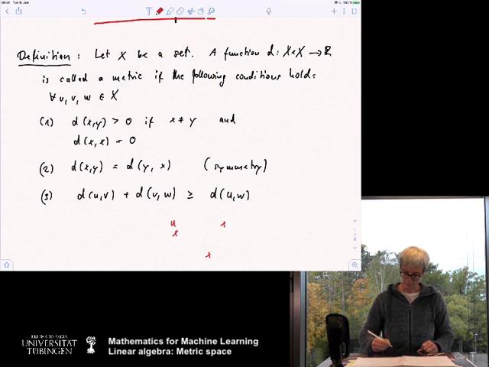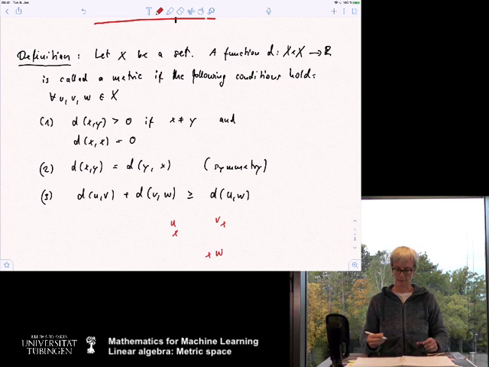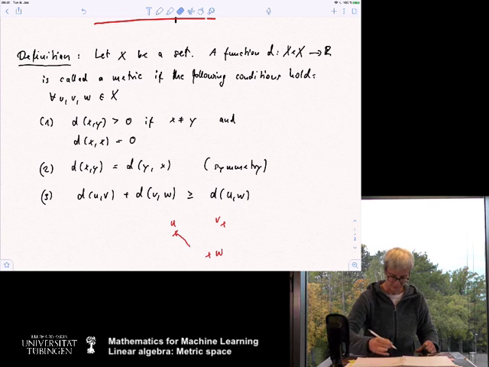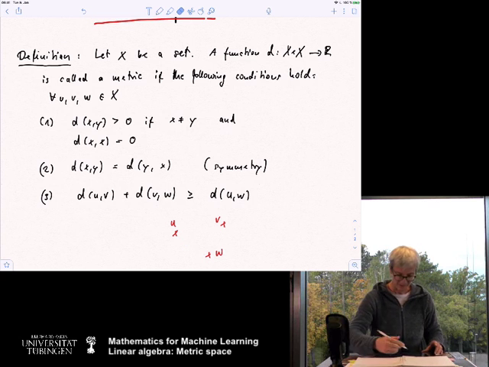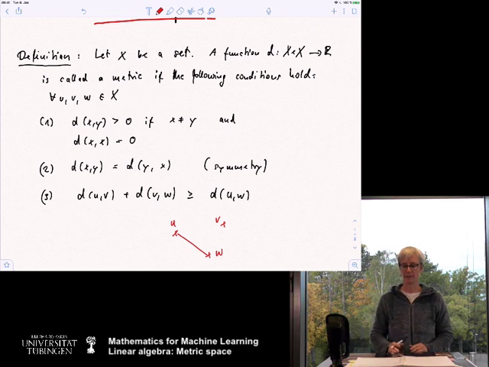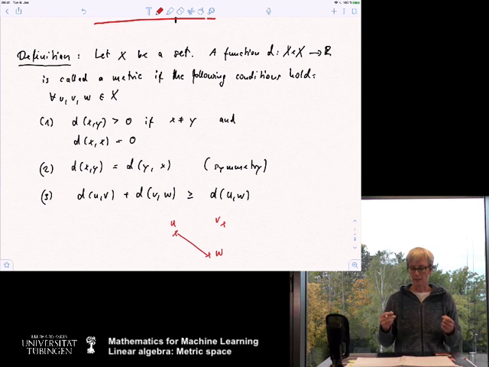If we have u, v, and w as points in our space, then the thing says, if I look at the distance, sorry, this is a bit shaky. It's hard to draw on the table if the hand doesn't rest. So if you look at the direct distance between u and w, this is supposed to be shorter than if you take a detour.